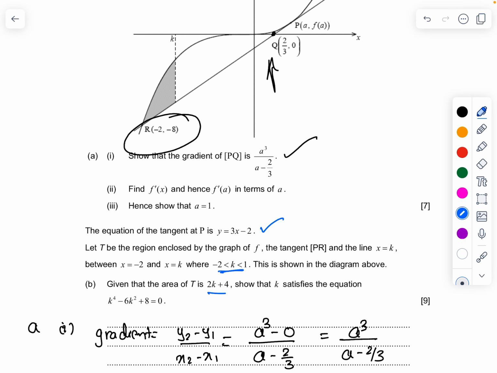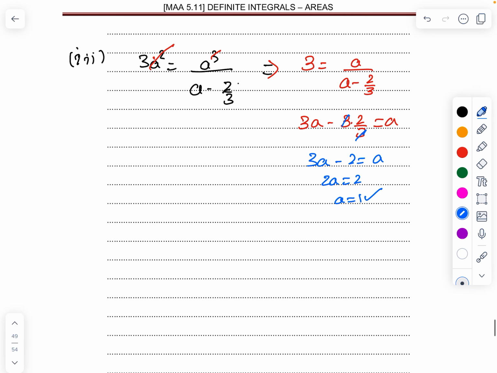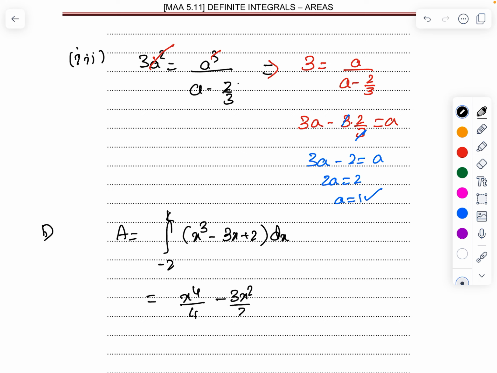So what is that area? I am going to find the area. The area is from negative 2 to k, of x cubed, the upper curve, minus the lower curve, x cubed minus 3x plus 2 dx, which is going to be x to the power 4 upon 4 minus 3x squared upon 2 plus 2x, from the limits minus 2 to k.